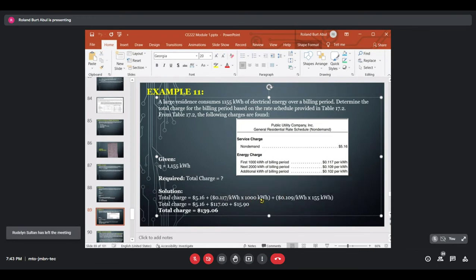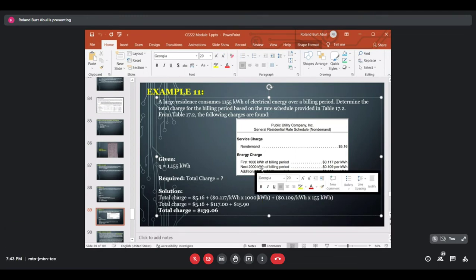So kailangan nato is ang total charge. To compute the total charge, ang kailangan nato is service charge plus energy charge. Karon, fixed ang service charge at $5.16. Next, ang energy charge nato, kuhaon nato ang first 1,000 kilowatt hours sa billing period. Since 1,155 ang atong given, kuhaon nato ang 1,000 ani para i-multiply sa 0.117 nga rate.